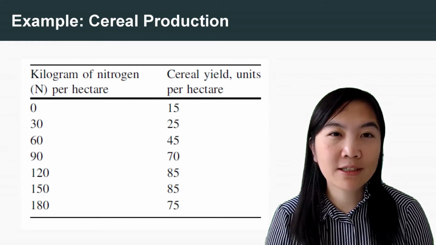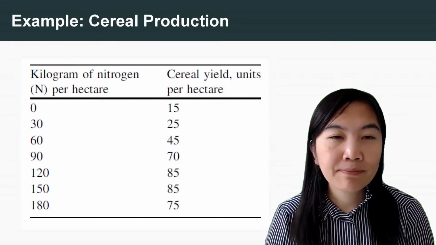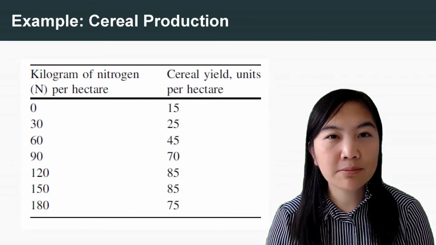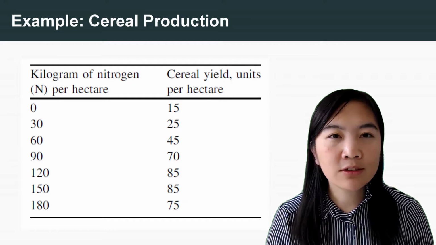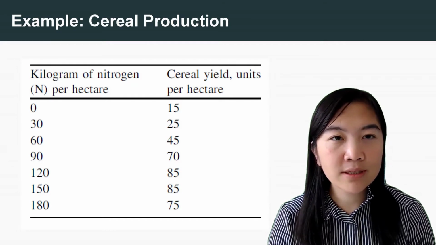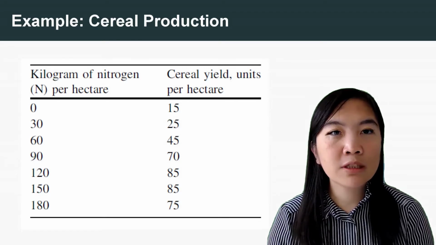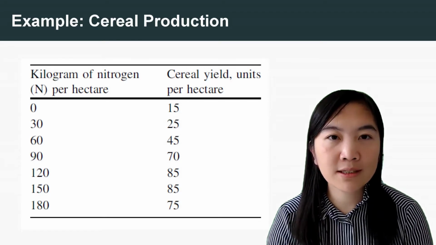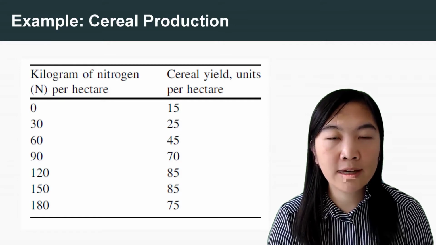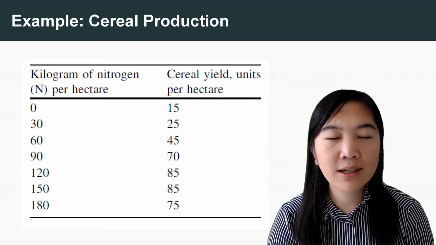Okay, so let's use a more concrete example to illustrate how you can use different ways to describe a production relationship. Let's again use cereal production, for example. Suppose that you're interested in the relationship between nitrogen here, which is an input for cereal production, and your output is cereal, and you measure it in terms of yield.